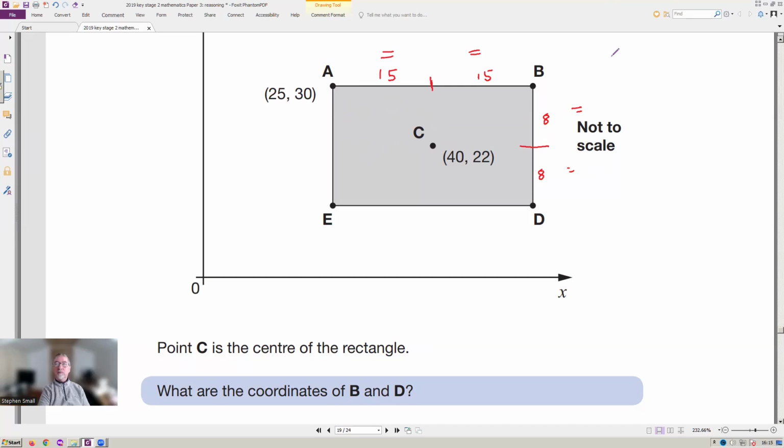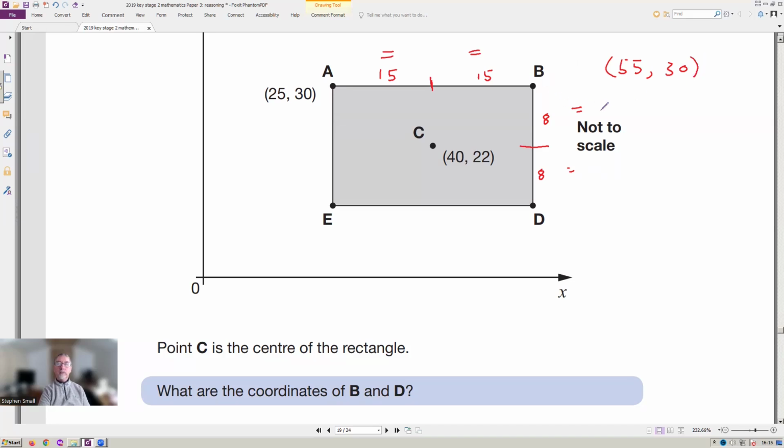So the coordinates of B are, it's got to be 25 plus 30, which is 55 on the X. And on the Y, it's going to be, well, it stays the same as 30, hasn't gone anywhere.